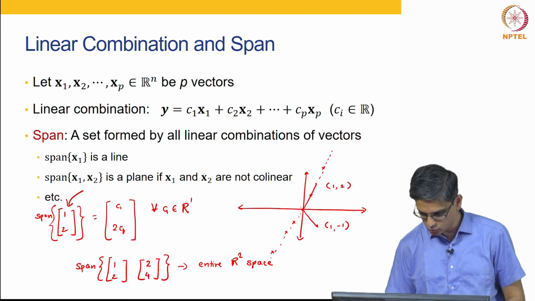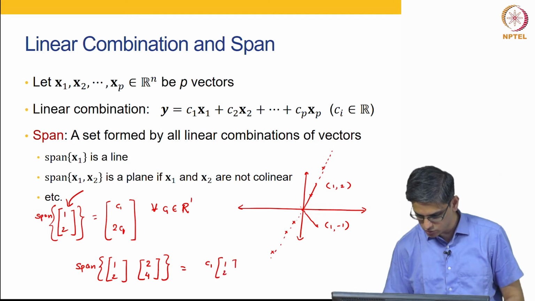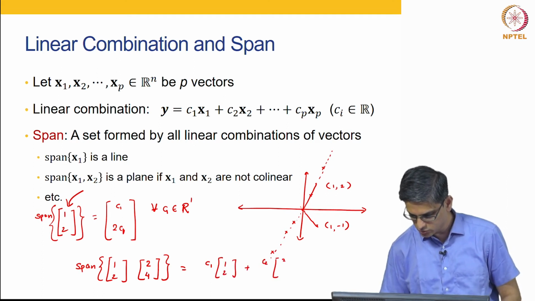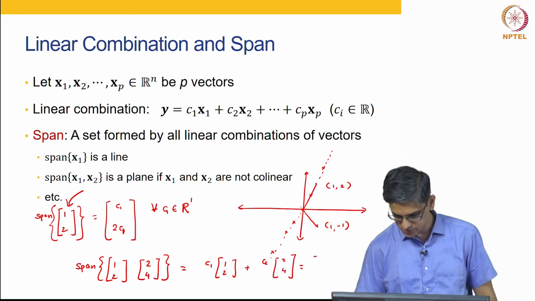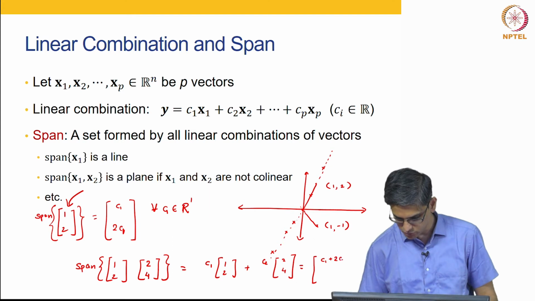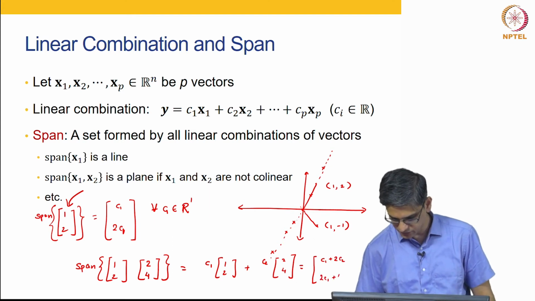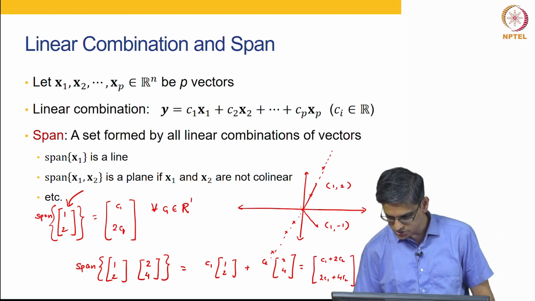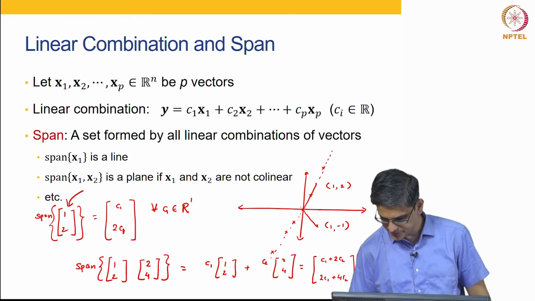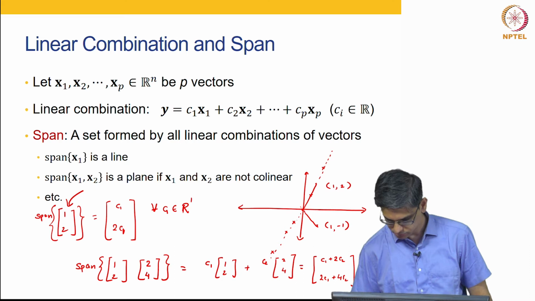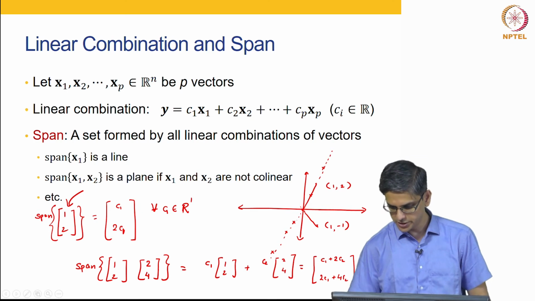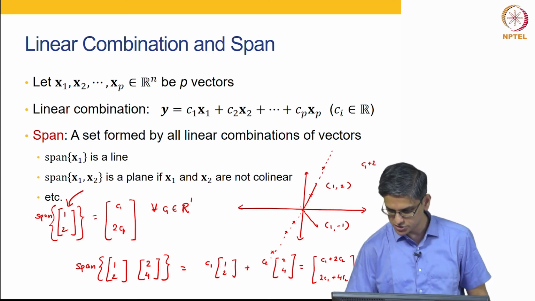Because span of 1, 2 and 2, 4 is going to be equal to c1 times 1 2 plus c2 times 2 4, which is equal to c1 plus 2 c2, 2 c1 plus 4 c2, which is c1 plus 2 c2 multiplied by 1 comma 2.